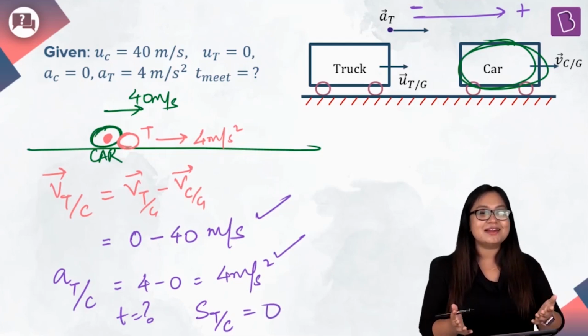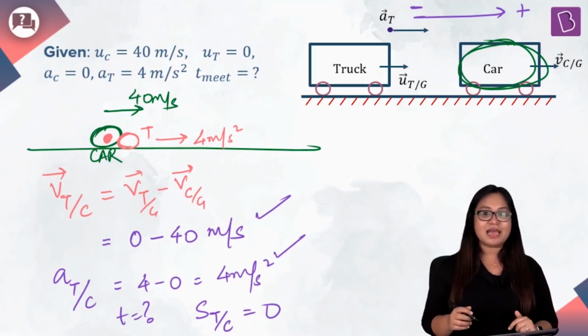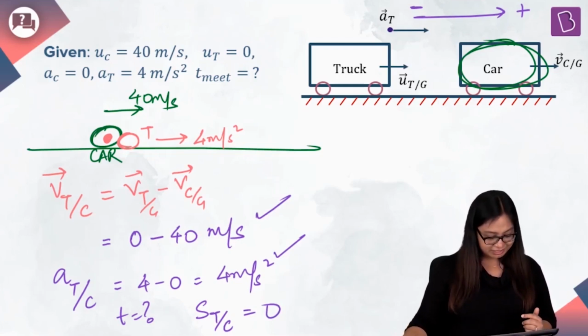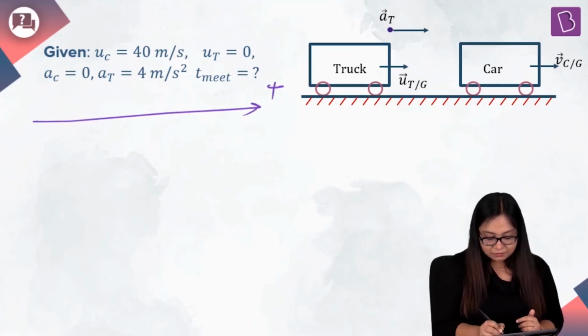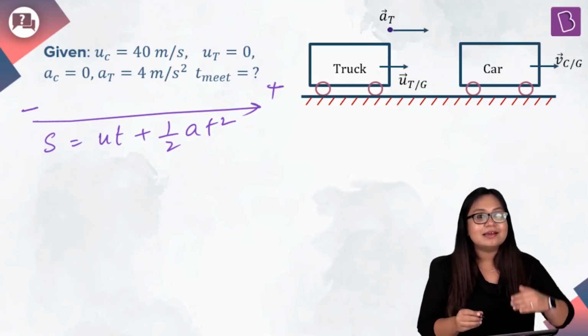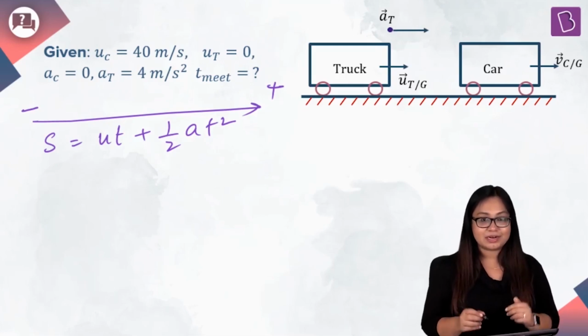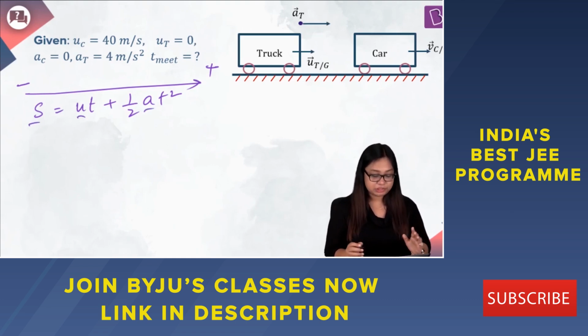This relative motion is a uniformly accelerated motion, so I can directly apply S is equal to ut plus half at square, in the forward direction positive, backward direction negative, where S, u and a are relative displacement, relative initial velocity and relative acceleration.